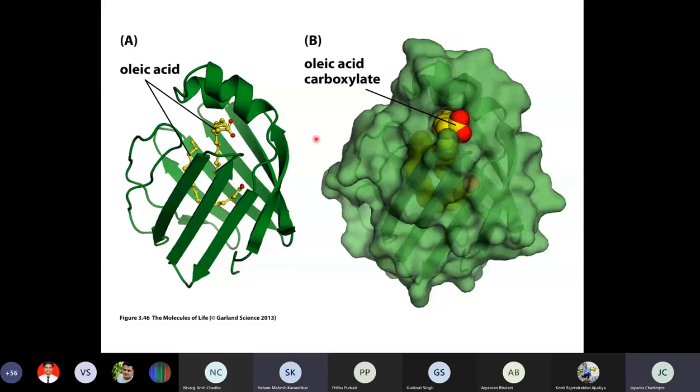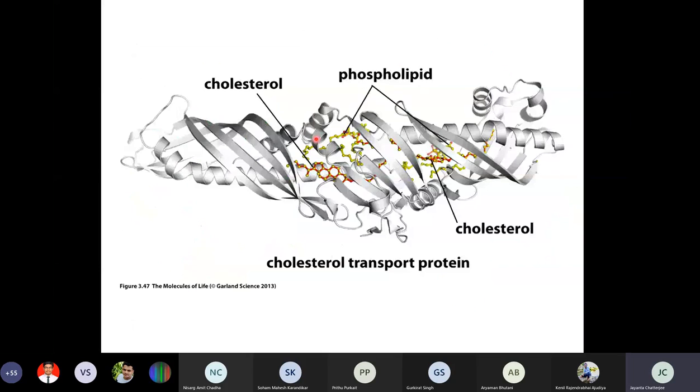For example, it can be clarified by this. This is a cholesterol transport protein, and cholesterol, well, vitamins do not exactly, but ergosterol and testosterone are not vitamins, they are steroids. If they are required from one part of the cell to the other, they can be transported by specific protein transporters.